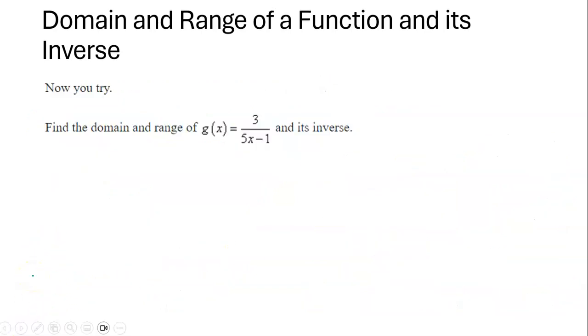Now you try. Whenever we talk about domain and range, just a reminder, I literally write this almost every time just so I remember what it is. And if you need a primer on that, I can talk to you about our cousins from Arkansas. So the first, it says find the domain and range of g of x and its inverse.